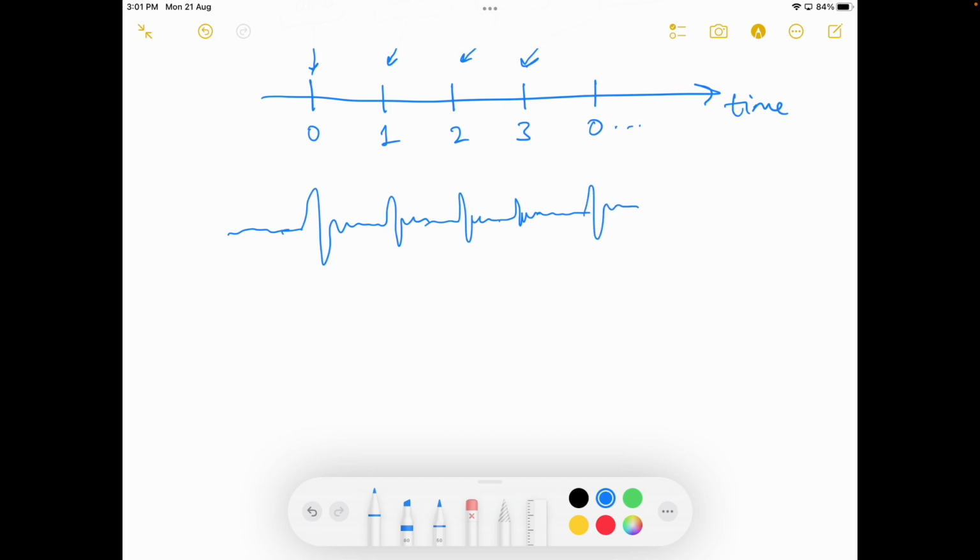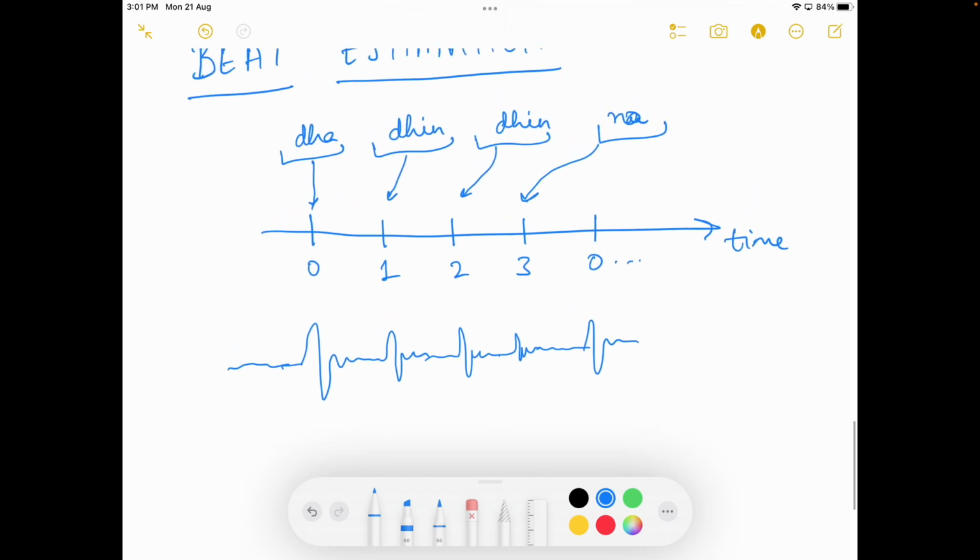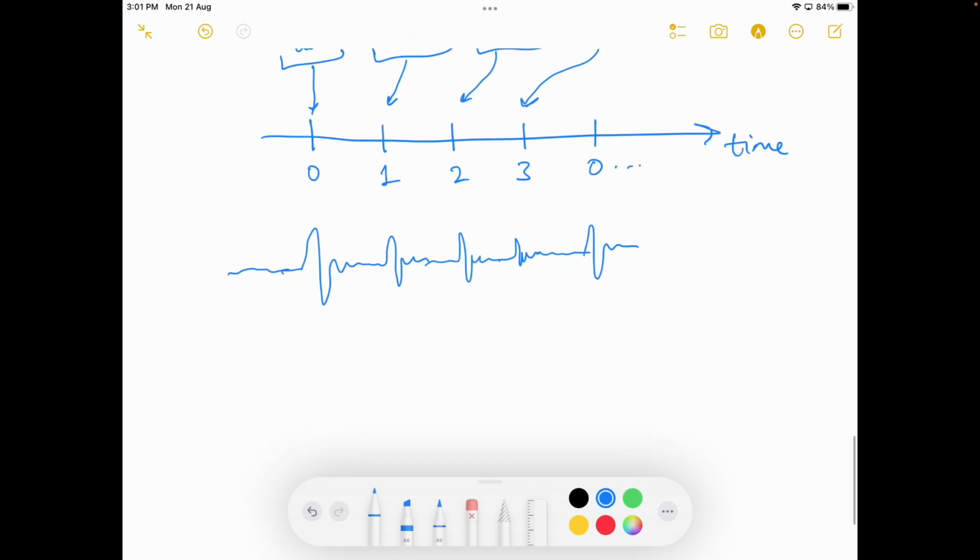There will be sudden bursts of energy. Silence, but then suddenly dha, a sudden burst of energy. Then again dhin, burst of energy. Then dhin, then na, sudden bursts of energy, right? Using which you can detect these strokes. Okay, so now I will define some concepts.